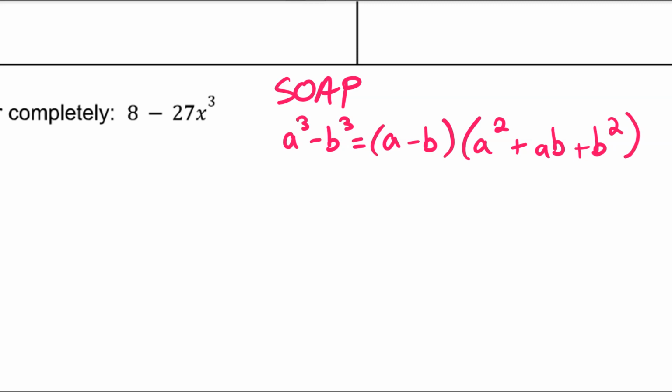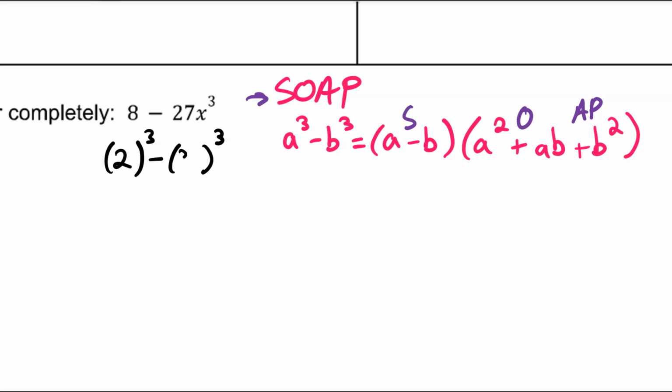Now the way I remember the signs is that my first sign is always the same as what I started with, the second sign is opposite, and the last sign is always positive. That's what I mean when I say this is a SOAP problem. So I need to identify my a and my b. Your a is the first thing that you're cubing, and you can guess and check, but if I cube 2, I would get 8. The next thing I want to think about is, what would I have to cube to get 27x cubed?